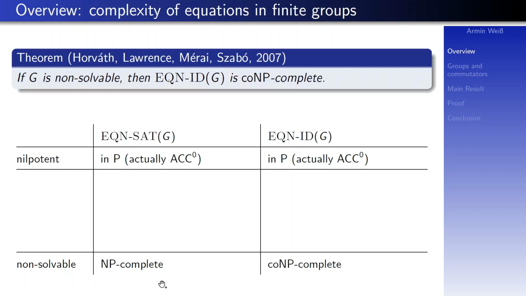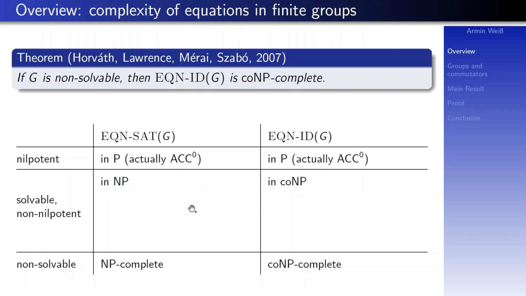This was extended later to the equation identity problem, showing that it's co-NP-complete if the group is non-solvable. But there's still a gap between nilpotent and non-solvable: the groups that are solvable but non-nilpotent. We know that equation satisfiability is in NP and equation identity is in co-NP. Since these results, many other results appeared for some special cases, showing polynomial time algorithms.